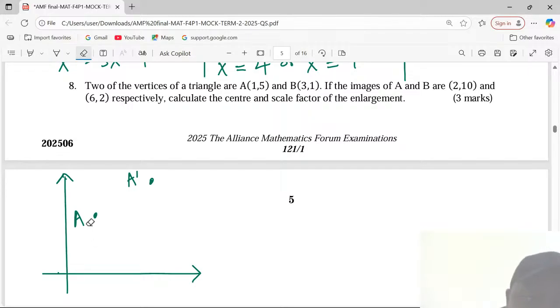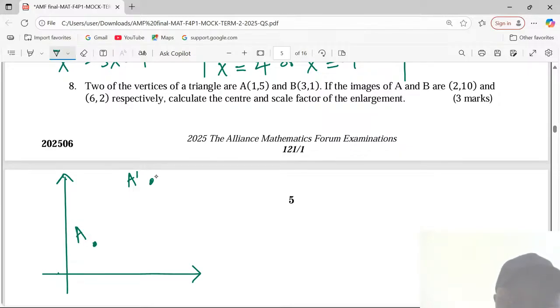Let me bring A prime somewhere here. I'm trying to sketch this information. A to A prime can be somewhere there. Remember A is (1, 5). A prime is (2, 10).